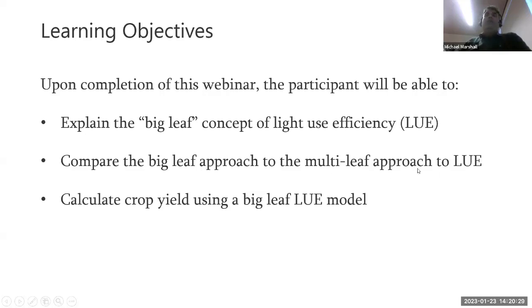So this is another common approach to estimating yield from light use efficiency, but we'll get into this. It's a bit more complicated and hasn't been widely used over large areas. And then finally, I'll take you step by step through a common big leaf model, so you understand putting all the pieces together that we talk about, including fPAR, which is the main constraint on light use efficiency.